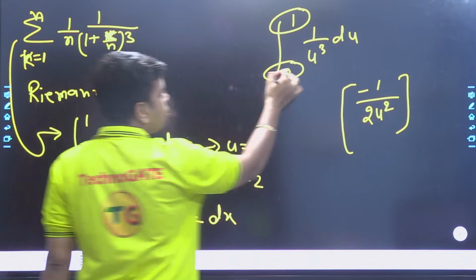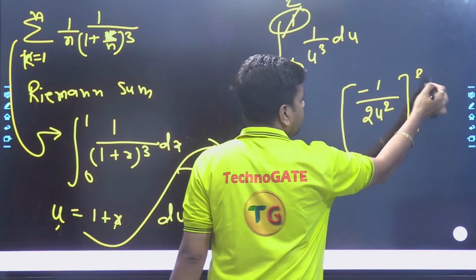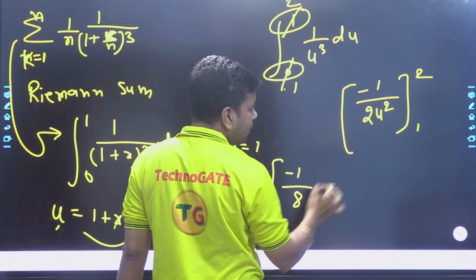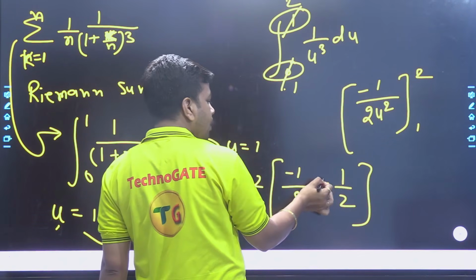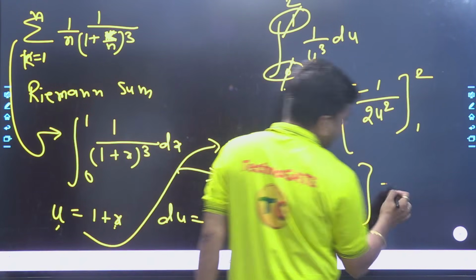So you need to change the limit from 1 to 2. Solving this: putting 2 gives minus 1 upon 8, and putting 1 gives minus 1 by 2, which becomes plus 1 by 2. On solving this, it gives the value 3 by 8.